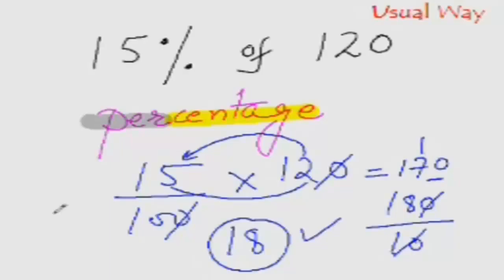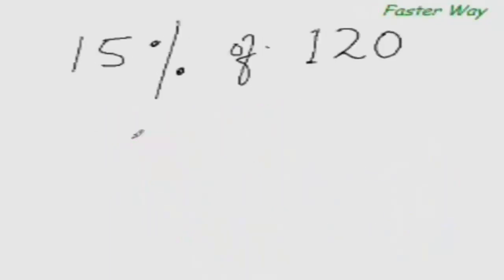But as you have yourself seen, despite using the shortcut technique, calculating the usual way takes little time and effort, isn't it? So now let me show you the easy way, the faster way of finding the percentages. If you were to ask me what is 15% of 120, I'll straight away say it would be 12 plus 6, that is 18. I'm not going to do any calculation whatsoever.